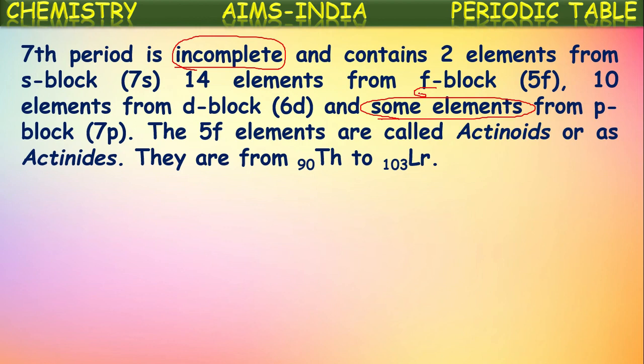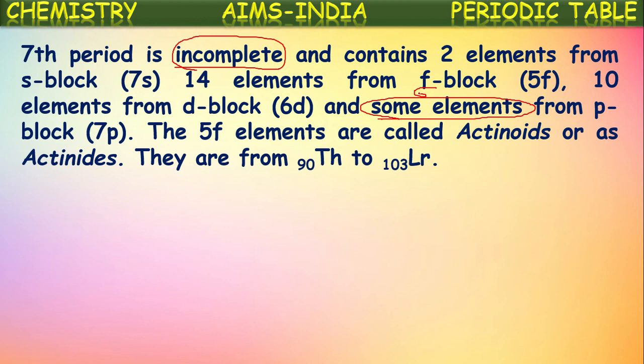In this seventh period, the 5f elements, elements for which the last electron is present in the f subshell, which we call F block elements, are thorium to lawrencium. These are called actinoids because, similar to lanthanoids, these elements are present after actinium and possess similar chemical properties just like actinium, and hence these are called actinoids or actinides.